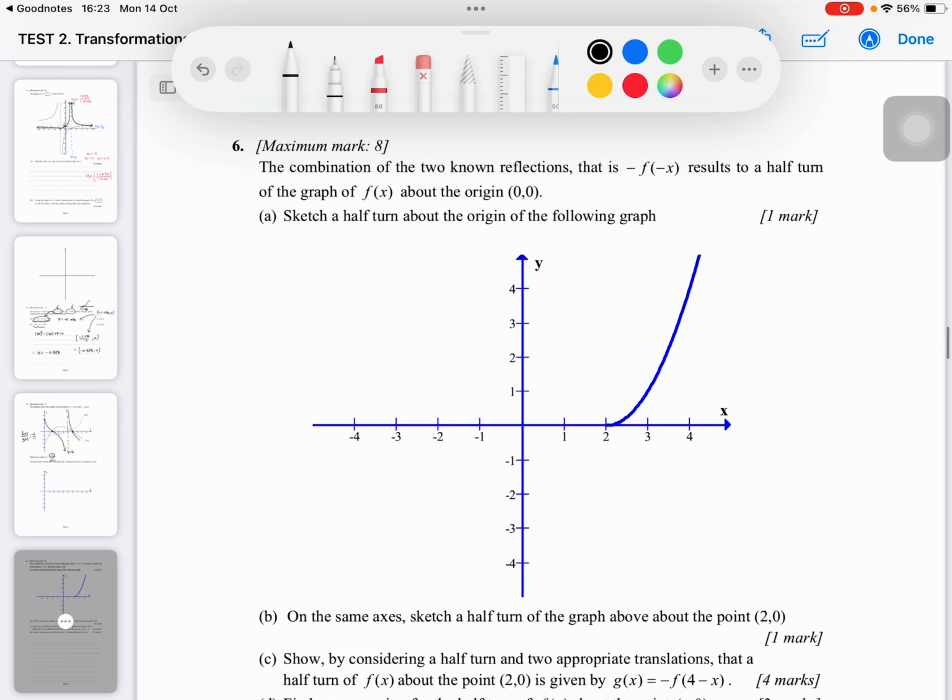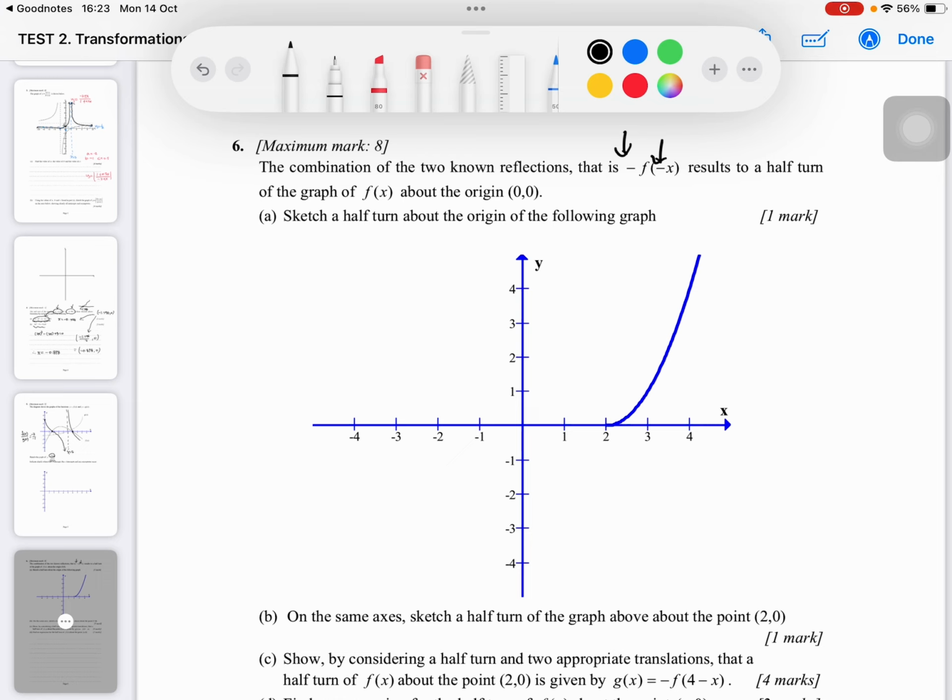And this is the combination of two reflections, negative f, negative x. So this is a vertical reflection, reflected over the x-axis. And this one over the y-axis. So this is a half turn of the graph of f of x about the origin 0, 0.